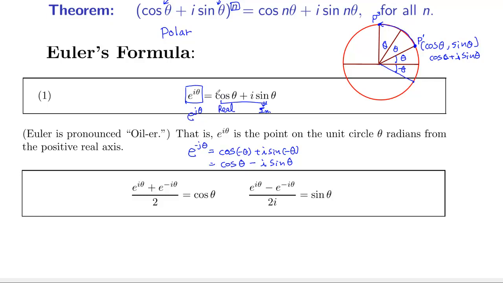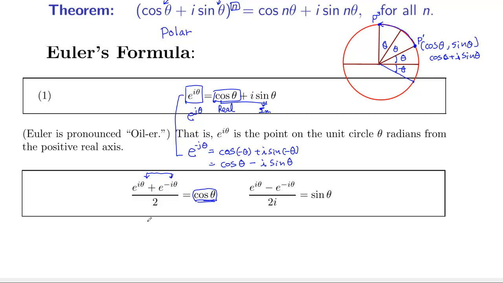This is the definition of e to the negative i theta. We have the real part, especially. The real part is expressed as the sum of these two conjugate pairs. When you add these two conjugates, the imaginary part goes to 0, and we have only the real part. But this is twice the real part, that's why we divide by 2.